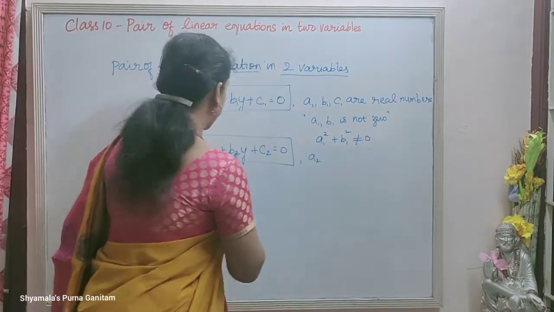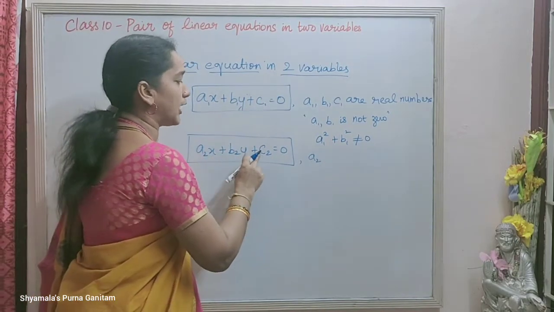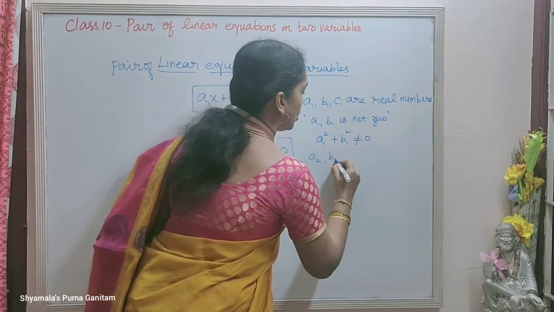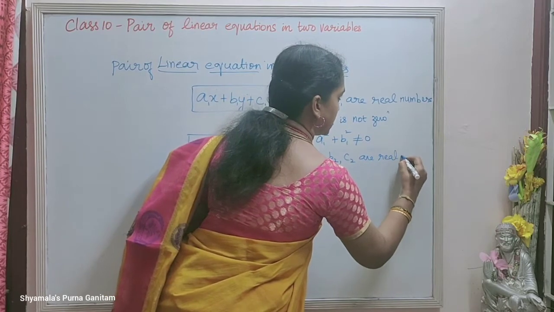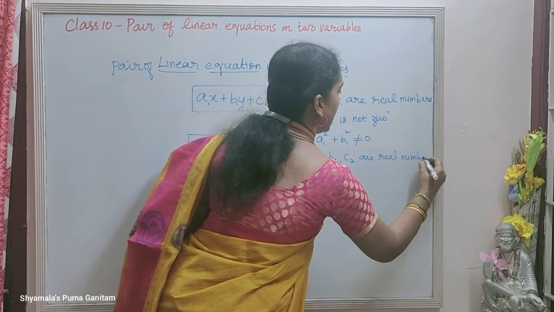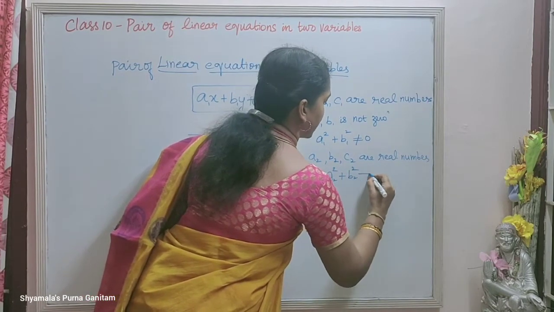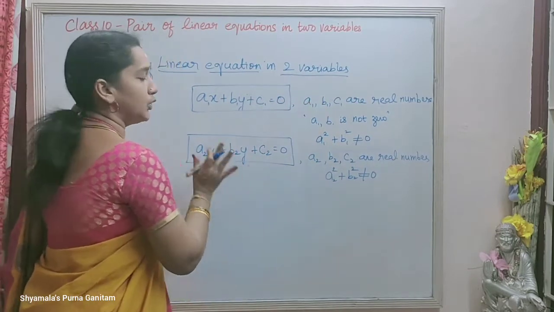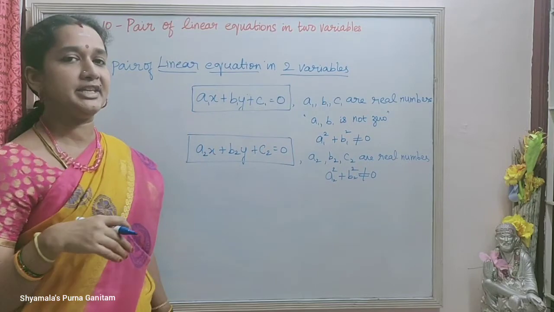That is, a2, b2, c2 are real numbers, and a2 squared + b2 squared is not equal to 0. So this will be the same condition for this one also. So now we will get a pair of linear equations.